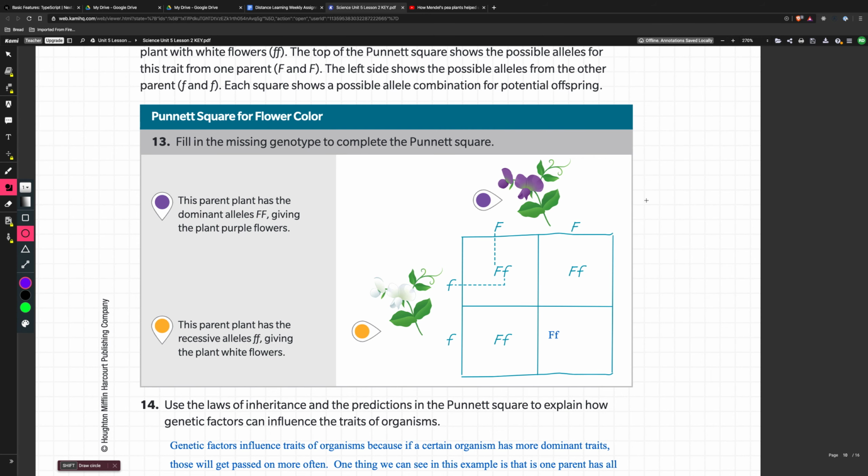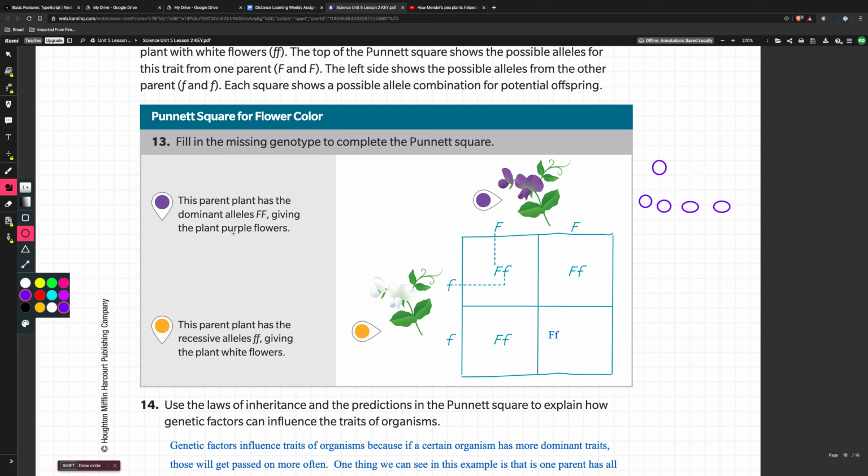You had the purple plant and the white plant. It was purple and white, and then the next generation was all purple, and then it was a combo of them after that. How did that happen? Well, because this is what you had.